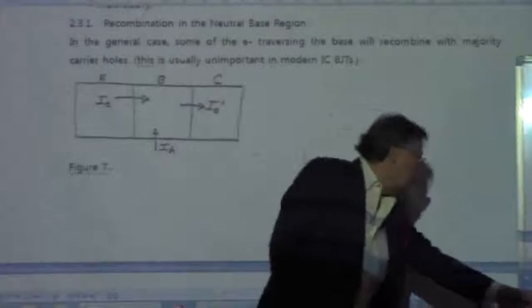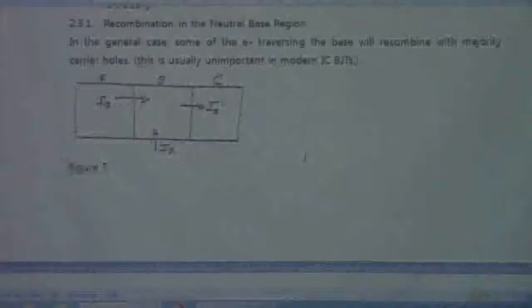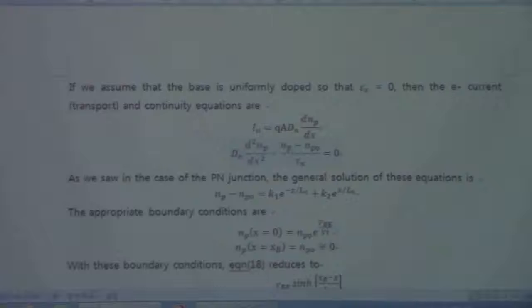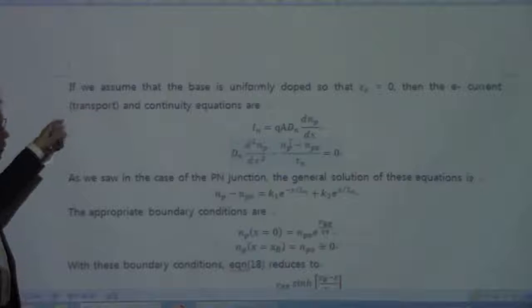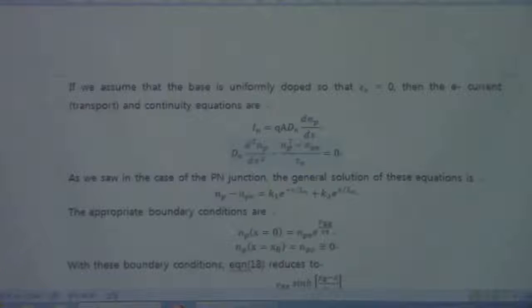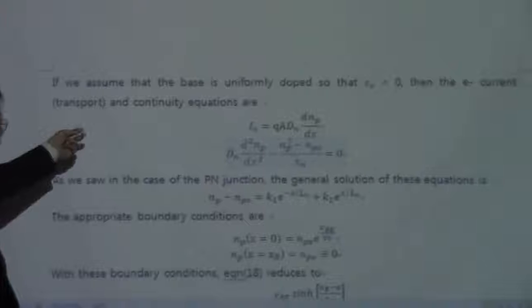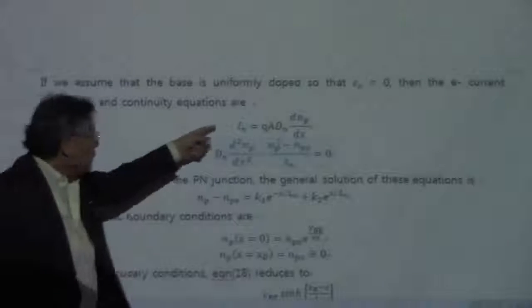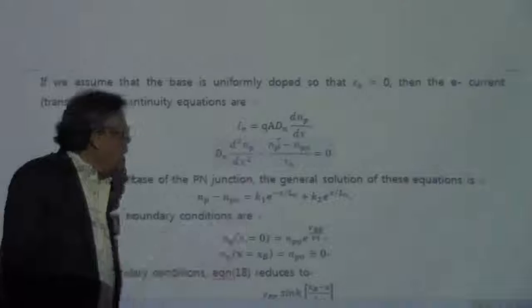Recombination in the neutral base region. If we assume the base is uniformly doped so that there is no electric field coming from the slope of the dopants, then the electron current and continuity equation says the current is going to be by diffusion flux only.